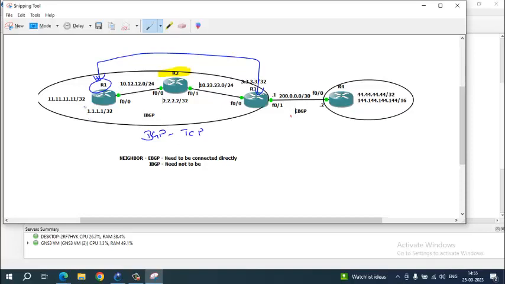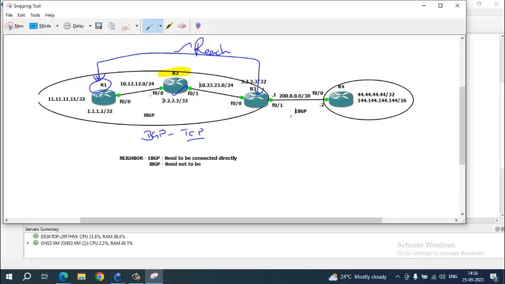If R3 cannot ping R1, telnet is not possible. So what is needed for TCP? Connectivity. Only if these two are connected. We are not saying physically connected. It can be connected via router 2, that doesn't matter for us, but all that we need is reachability. If these two can reach, then TCP can reach, if these two can ping.